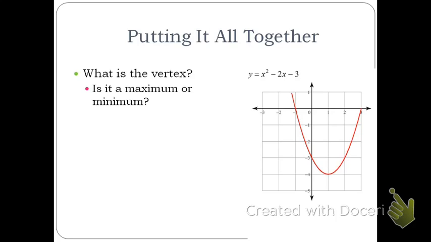Because it's at the lowest point, it's the minimum. And what are the coordinates of that point for that vertex? It's at x of 1 and y of -4.